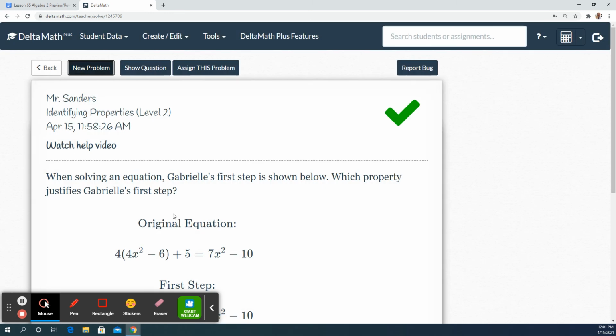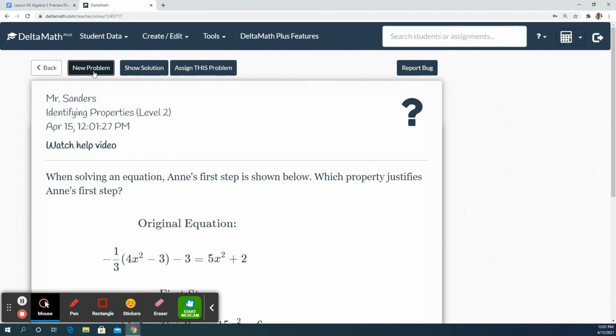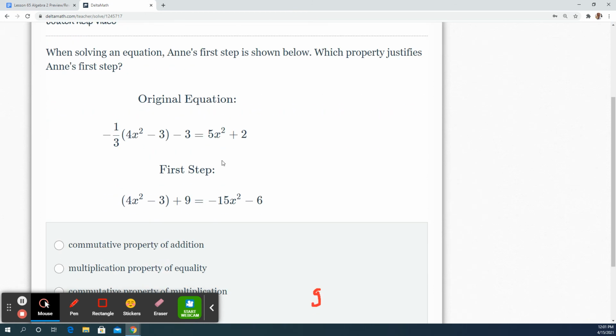Okay, let's see if the next one's much different and how they do it. Oh, and they're actually giving you the generalized form of what the property looks like. All right, let's see. So we have something done on the right side. We have something done on the left side.